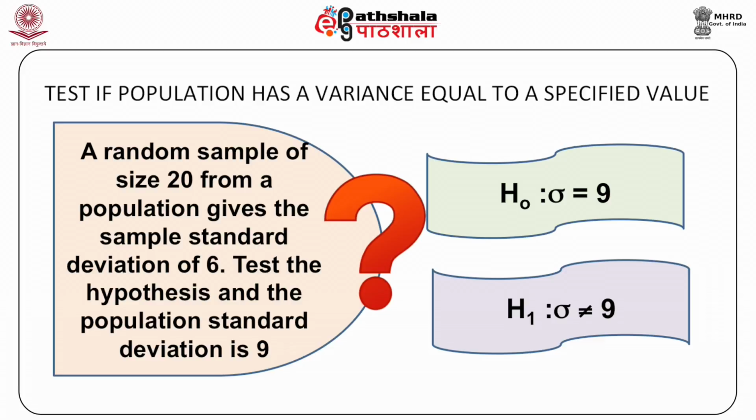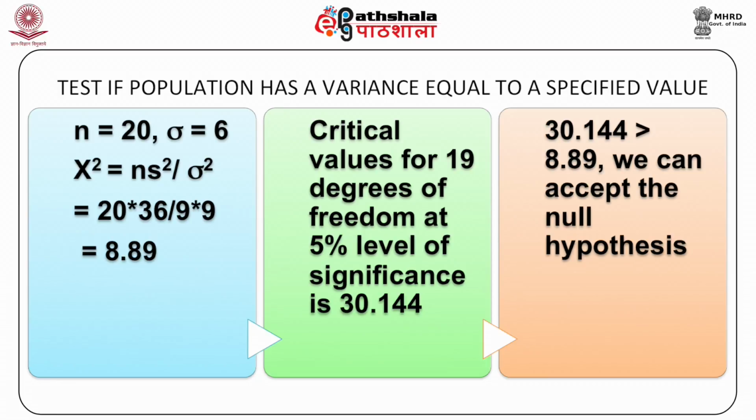Solution: H0 that sigma is equal to 9, H1 that sigma is not equal to 9. n is equal to 20, s is equal to 6, chi-square is equal to n s squared by sigma squared, which is equal to 20 into 36 divided by 9 into 9, which is equal to 8.89.